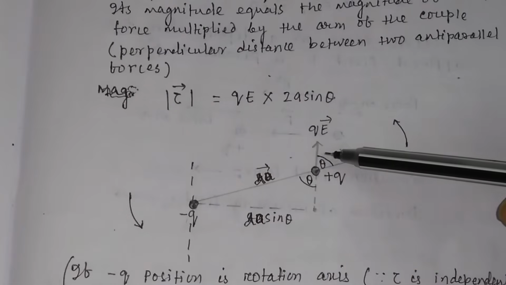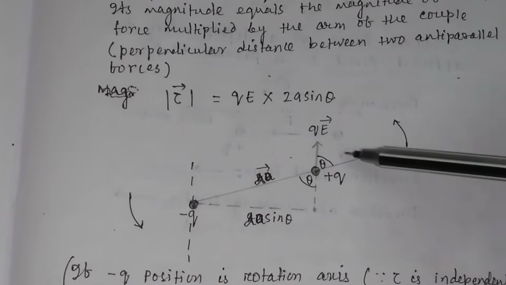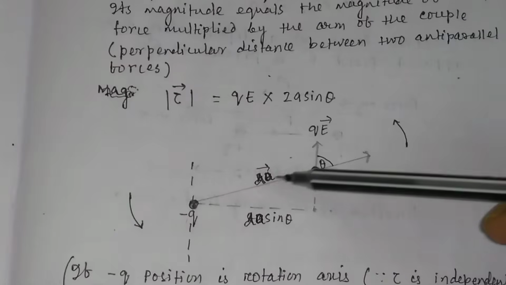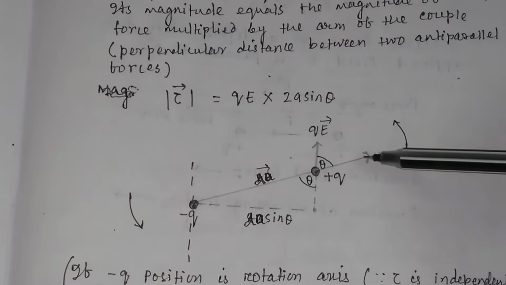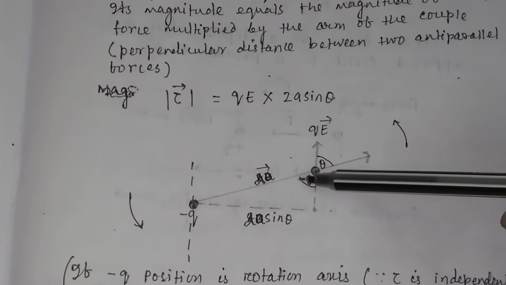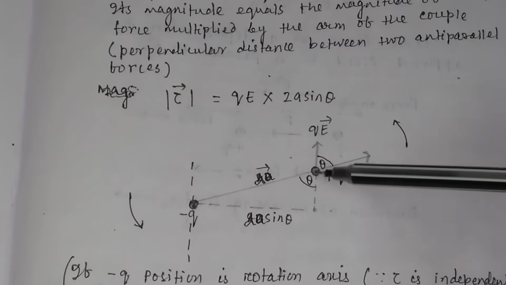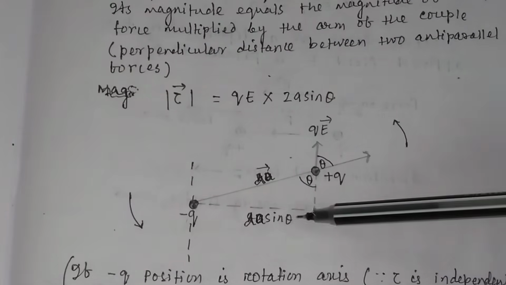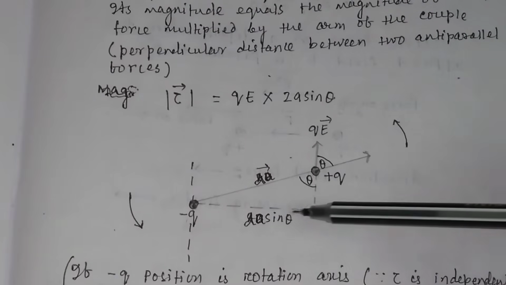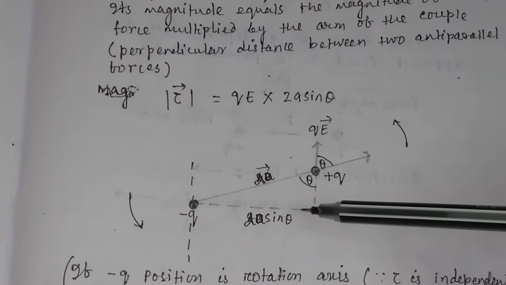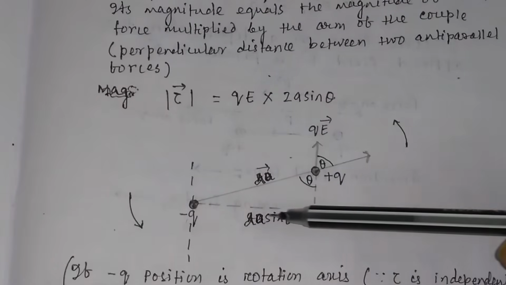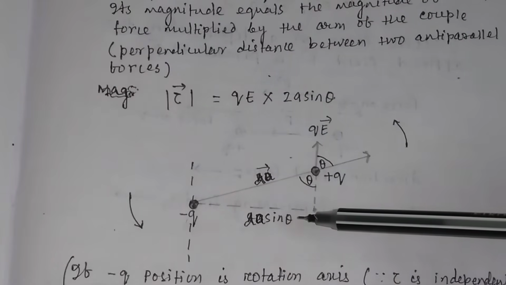If we take the angle between this force and this 2A vector, that is the dipole length vector, equal to theta, then this angle will be theta. Now in this right angle triangle, this length is the perpendicular length between the anti-parallel forces. So this length will be equal to 2A sin theta from geometry.